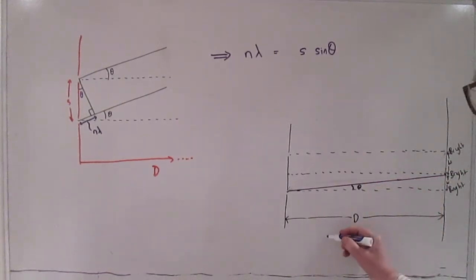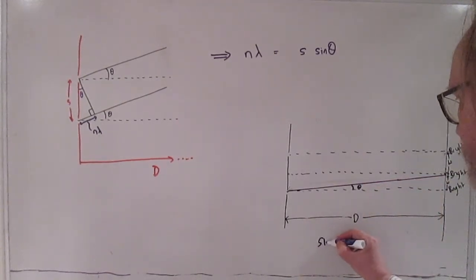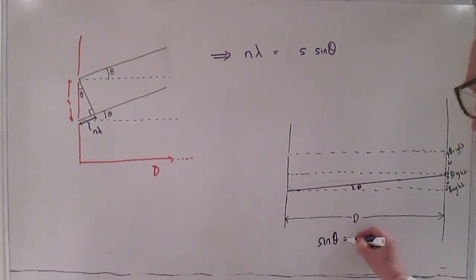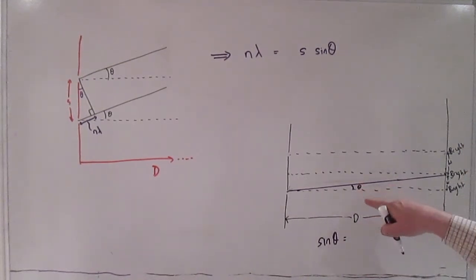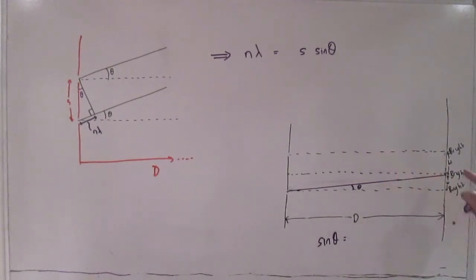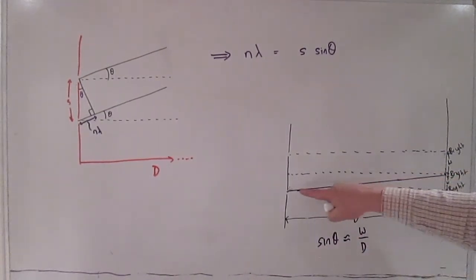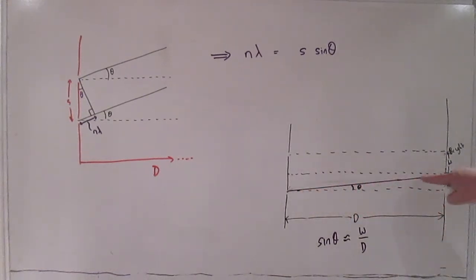And so we can write down that sine theta, the sine of that angle, which is opposite over hypotenuse, is approximately equal to w over d. Okay, so that looks weird because you think that should be the tangent, but as I say, what we're doing there is just saying that this length here is so close to being equal to d that we can write that relationship as being approximately true.